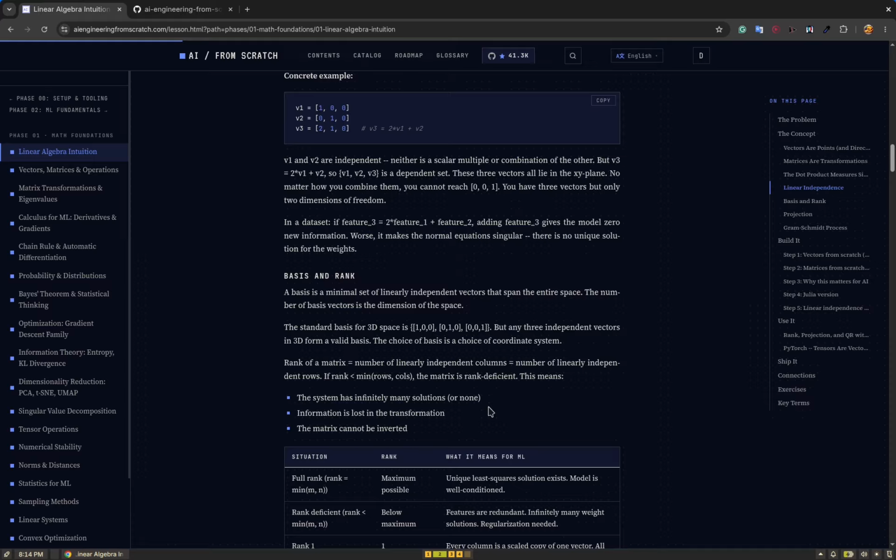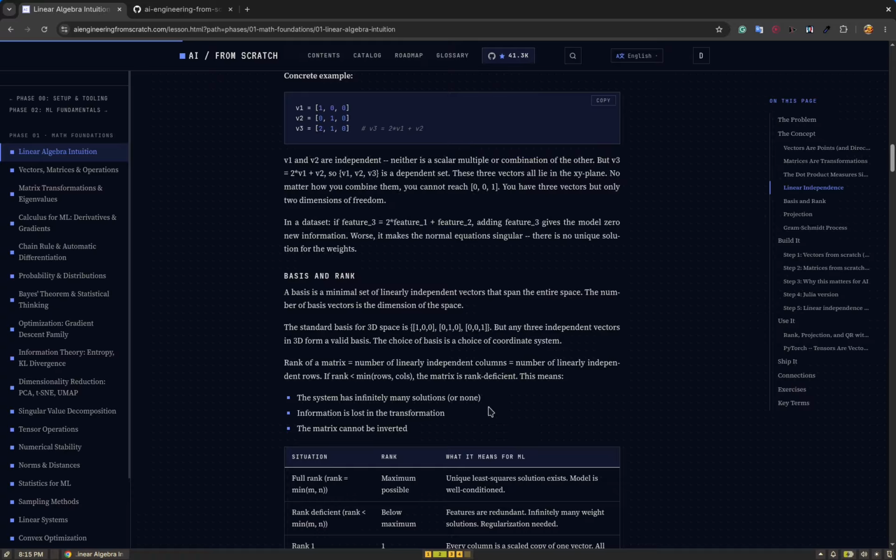If the rank of the matrix equals the number of rows and columns, meaning if there are 3 rows and 3 columns and the rank equals that, then the matrix is full dimension essentially. So none of the vectors are dependent on each other, and it has full freedom of movement in the space defined by those vectors.